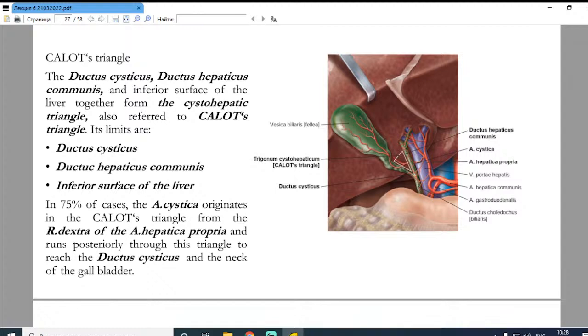Together they form the cystohepatic triangle, also referred to as Calot's triangle. It is limited by the ductus cysticus, ductus hepaticus communis, and inferior surface of the liver.